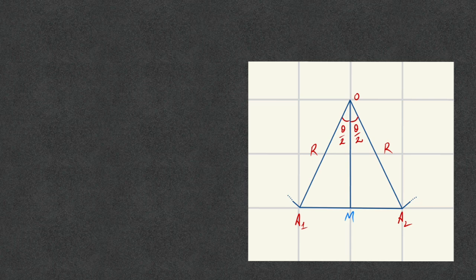In triangle A1MO, the sine of the angle here becomes theta by 2, because we took the perpendicular from O to M. So this whole angle is theta and it is divided into two parts, theta by 2 and theta by 2. So sine of theta by 2 is equal to A1M upon A1O, where A1M is the perpendicular for this triangle and A1O is the hypotenuse.